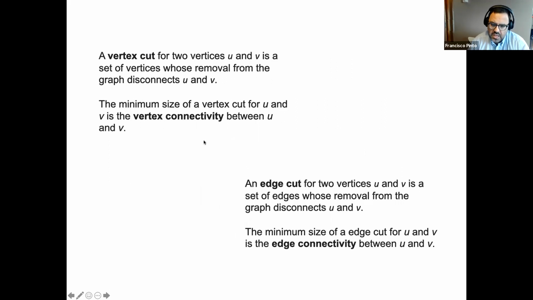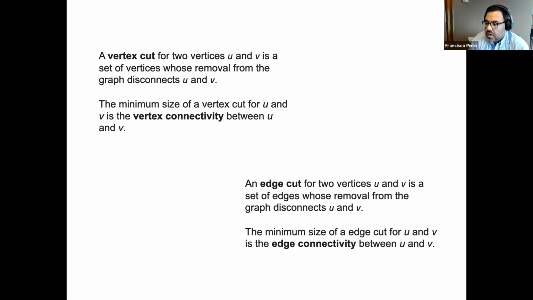But first, these edge or vertex connectivities. For that, we have to define cuts. Cuts are sets of nodes or edges that, when you take them out of the network, make it unconnected, so you divide a connected component into two components.